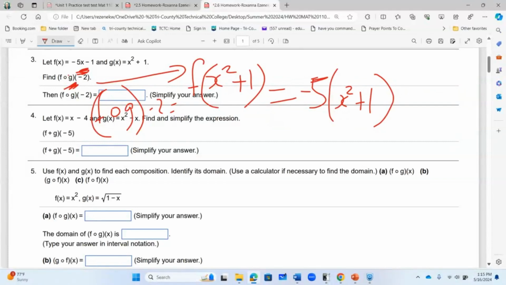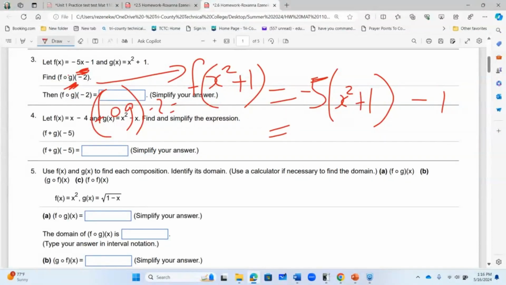And then the constant in f is -1. So I brought down f of x. Wherever I see x in f of x, I'll substitute G. And after the substitution, tidy up.